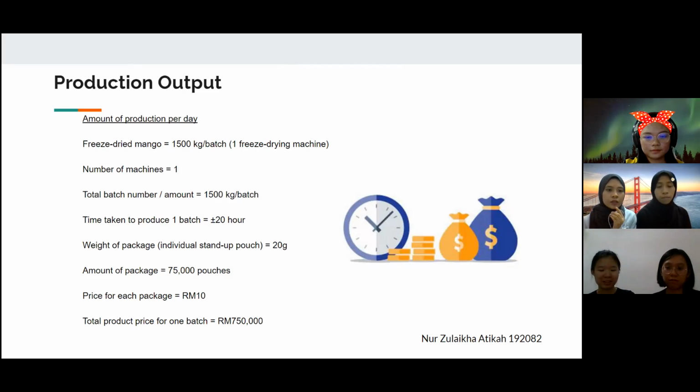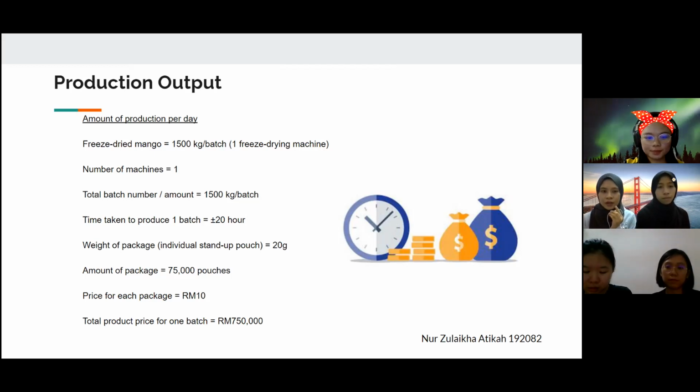And then the total amount per batch is also 1,500 kg. The time taken to produce one batch is approximately 20 hours, plus or minus. So in one day we can only produce one batch. And then the weight of each individual package is 20 grams, and therefore we will have 75,000.